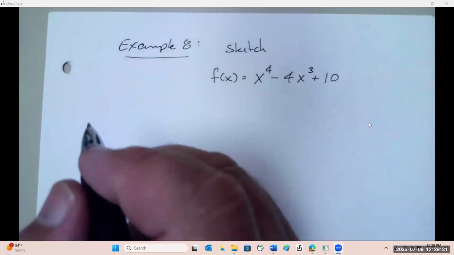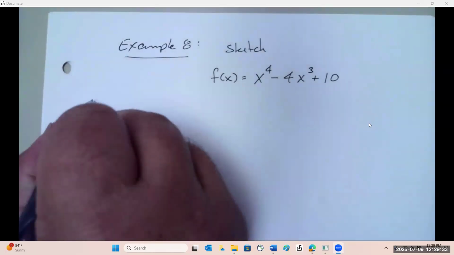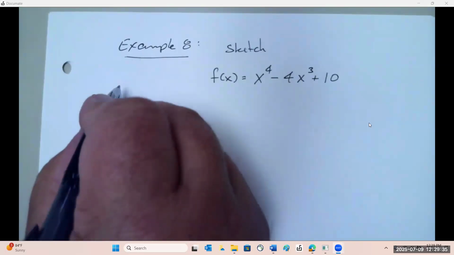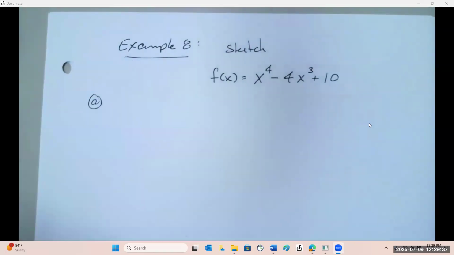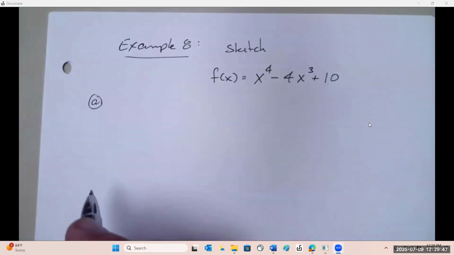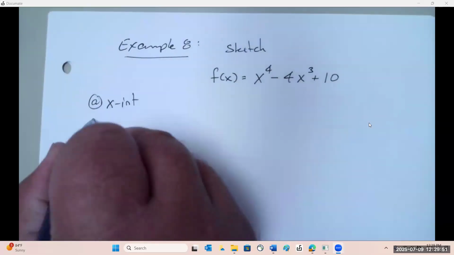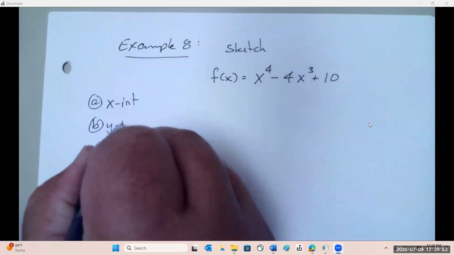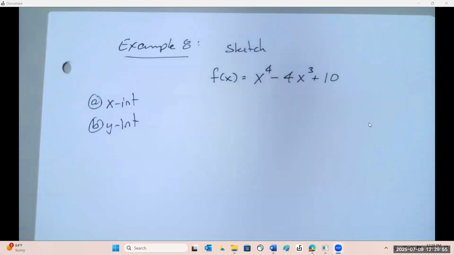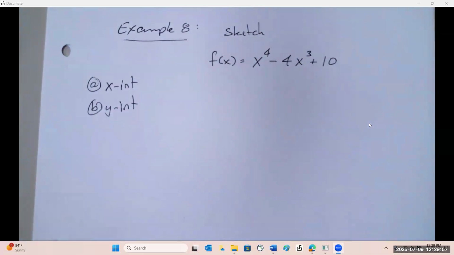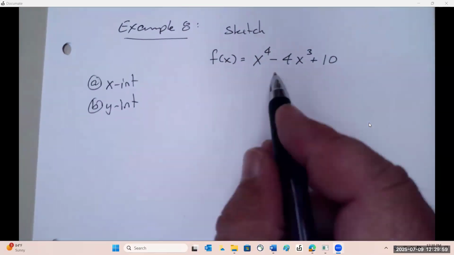So it's asking us, well, let's figure out what do we need to graph this? Can we find the x-intercept? Can we find the y-intercept? Let's start with the basics first. What do we know about the graph so far?